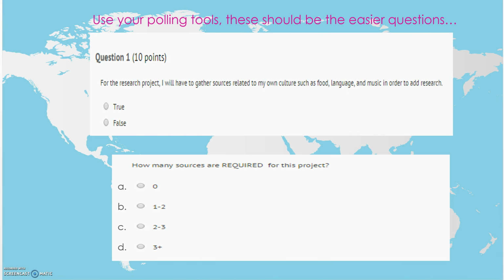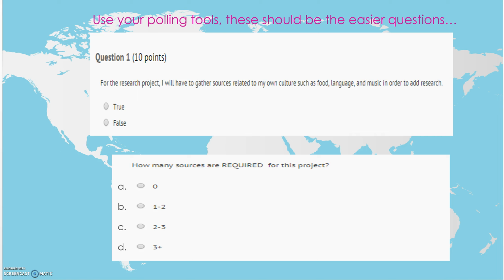For research projects, I will have to gather sources related to my own culture, such as food, language, music, in order to add research. And we're also thinking about how many sources are required for this project. Where might we go to find that information?